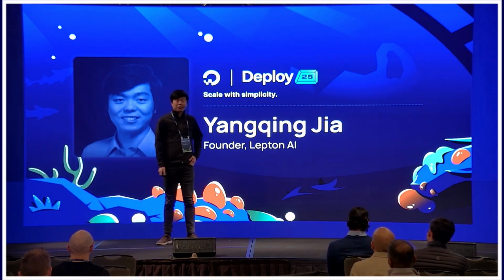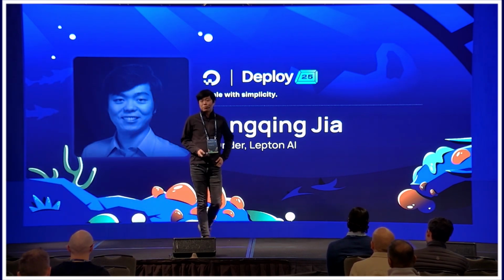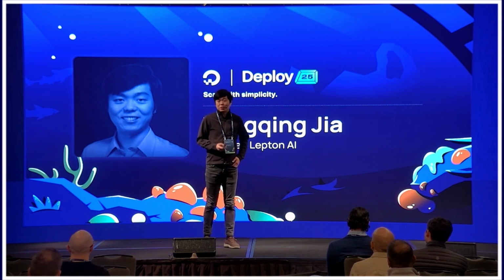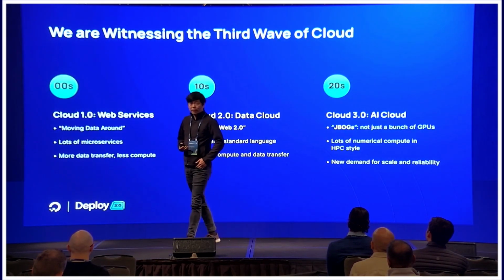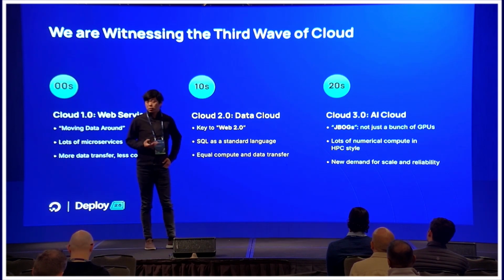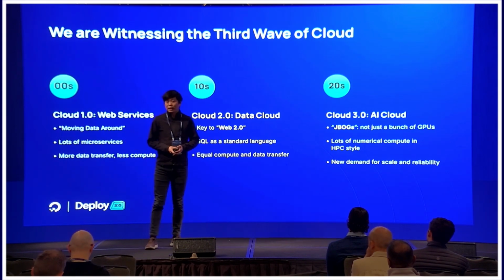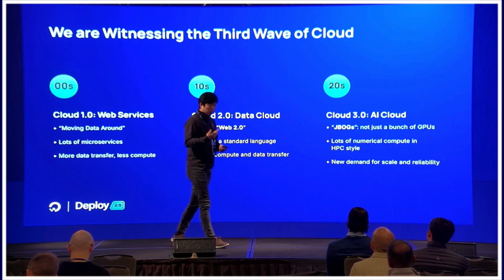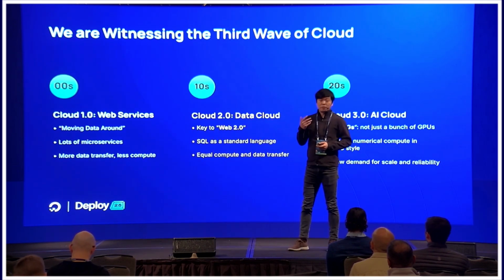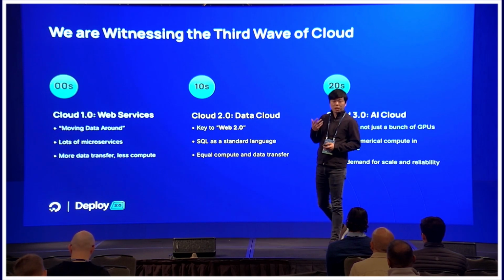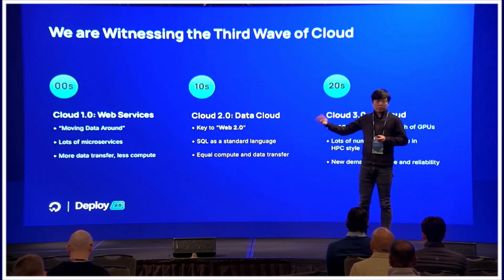I want to start by talking about why suddenly we care about cloud. Isn't that a topic that's already 20 years old? I think we are actually seeing a third trend in the cloud evolution. In the old days, 20 years ago when we started with web cloud, the idea was about moving data around: web pages, content, moving it from the server to your hands.